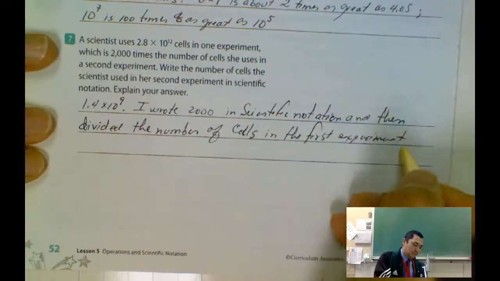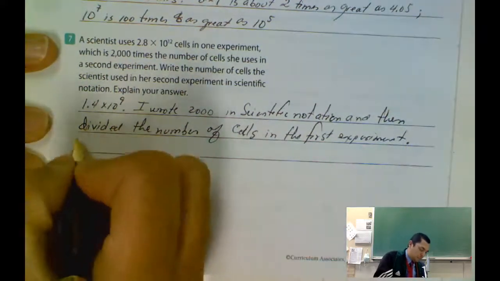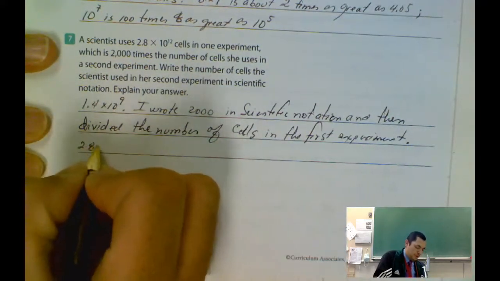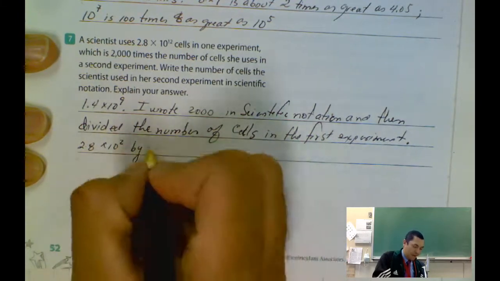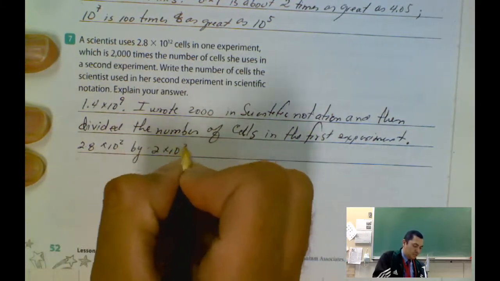Okay, so in this case, what I did was 2.8 times 10 to the 12 divided by 2 times 10 to the 3.